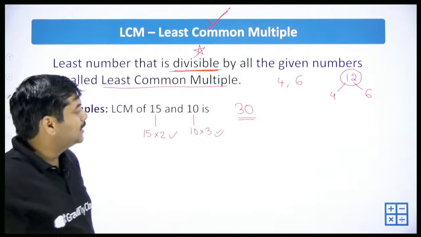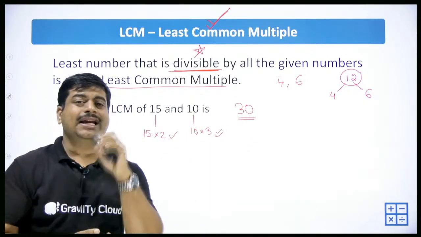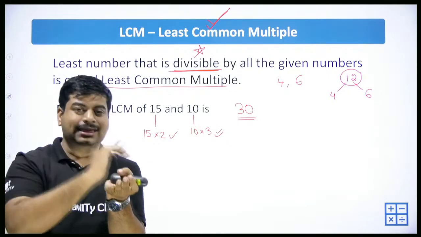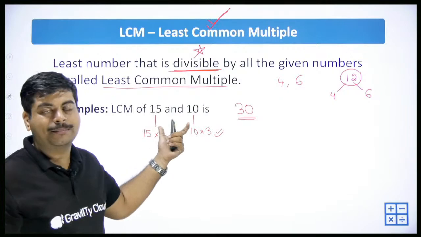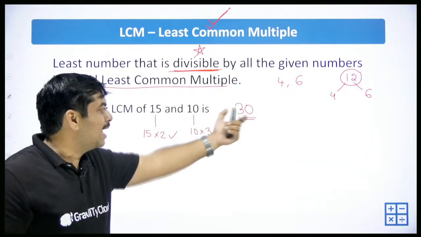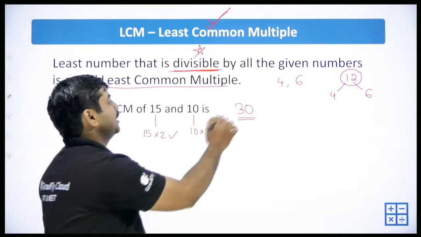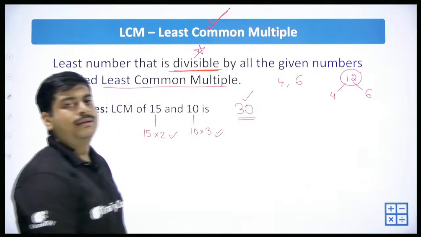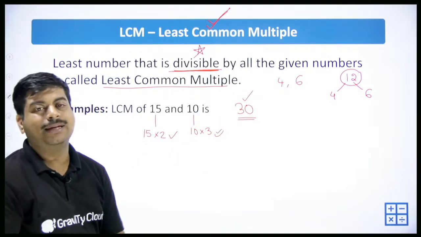Now, I know this is a common multiple. But my question is, is there any other number less than 30 which is a multiple of both 15 and 10? No. This is the least possible number, and that is 30. That is the LCM, least common multiple.